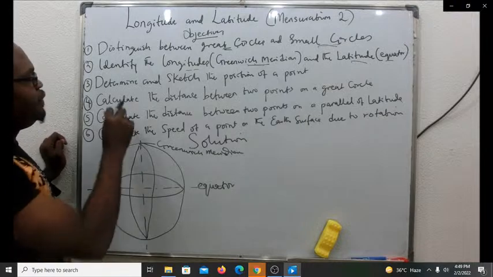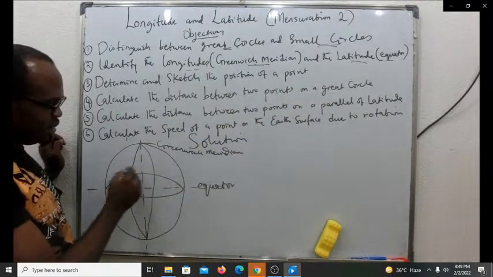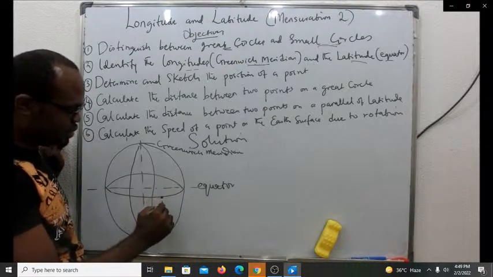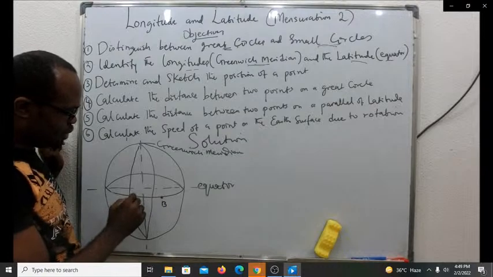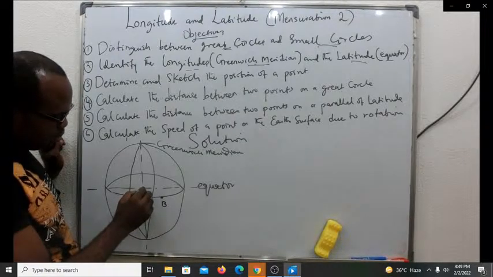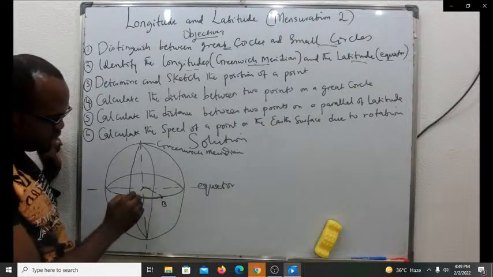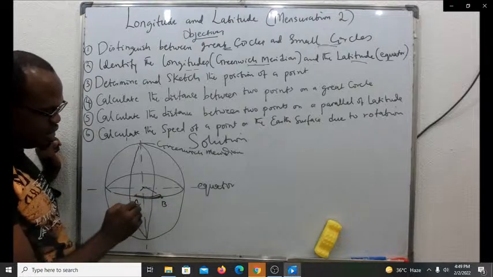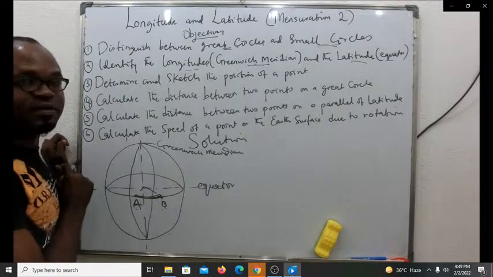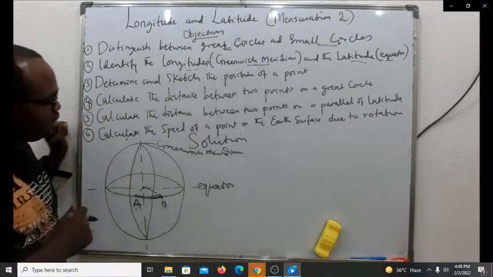So now, if you want to calculate the distance between 2 points on a great circle, this is a great circle, the equator. So let's say you want to calculate the distance between point B and point A. You should be able to find a way of calculating this distance between point B and point A. So it's part of the things we are going to be learning under longitudes and latitude.